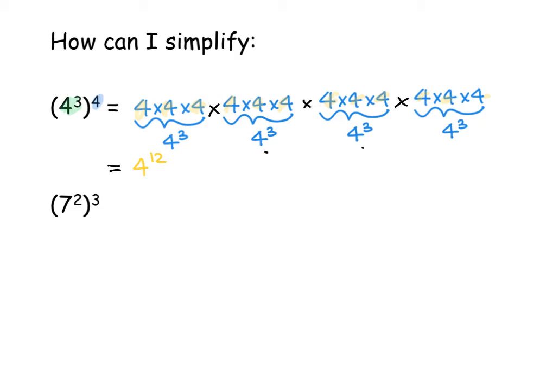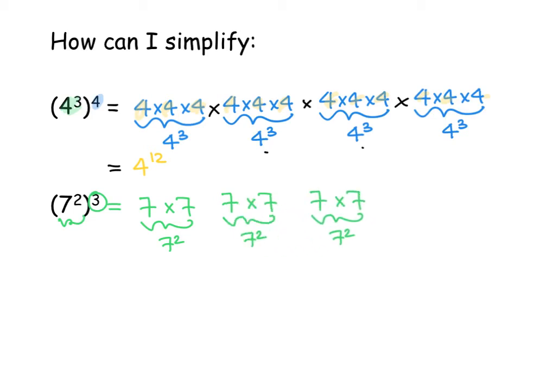So let's apply that same theory to the second example. We have 7 to the power of 2, all raised to the power of 3. So again, let's think about what we have. 7 squared means 7 times 7. And this 3 on the outside means we're multiplying 7 squared by itself 3 times.